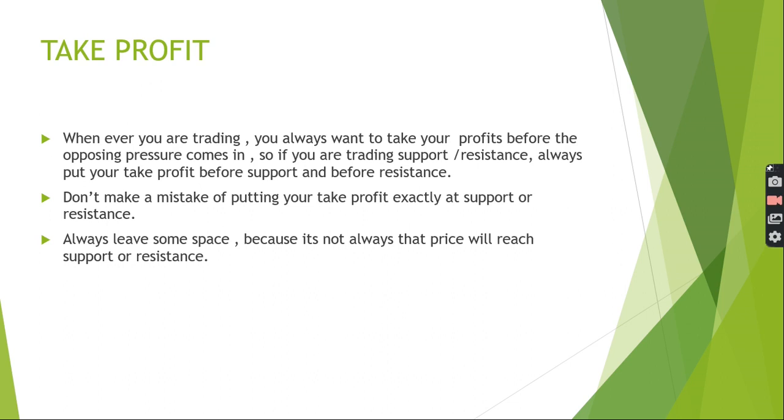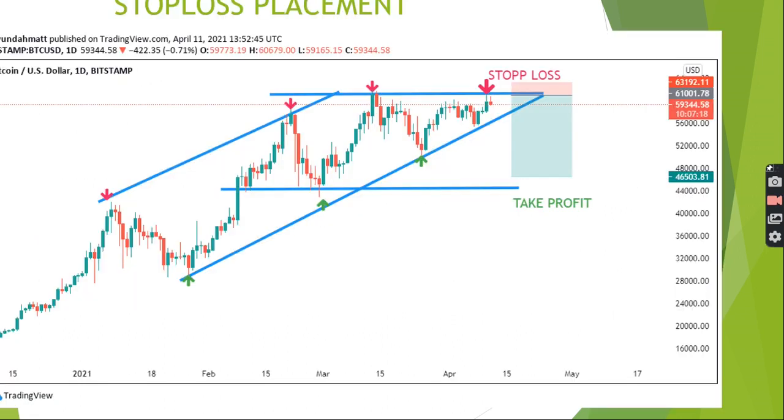Whenever you're trading, you always want to know where you're going to be taken out, and where you want to get the profits from. So if you are trading support and resistance, always put your take profit before resistance if you're buying and before support if you're selling, because just like we saw here, price doesn't always reach those areas.